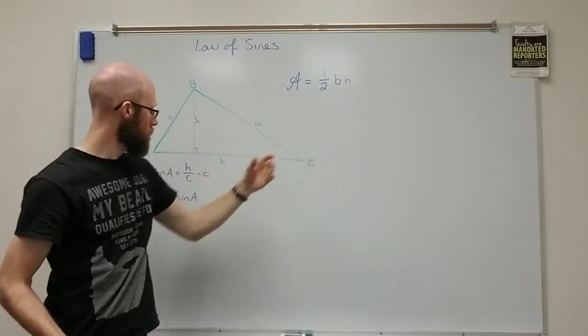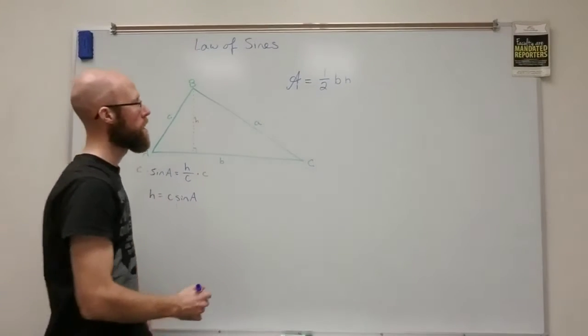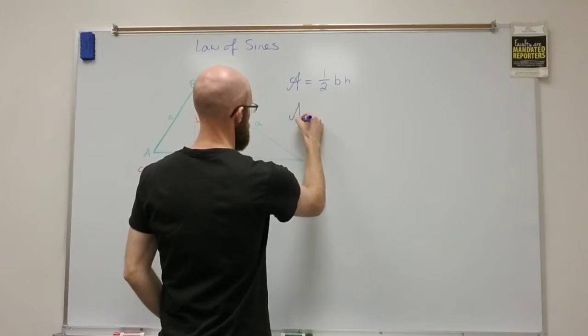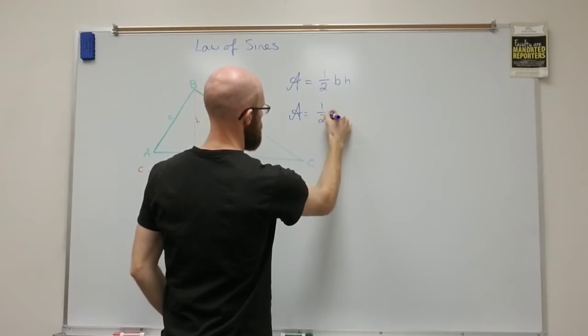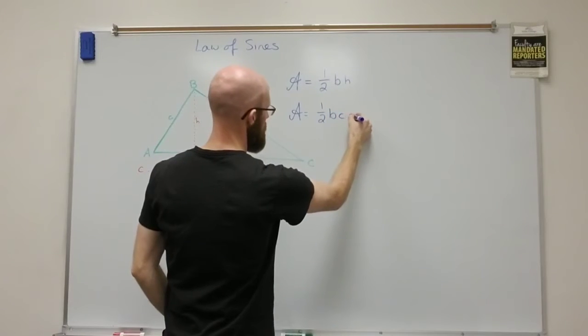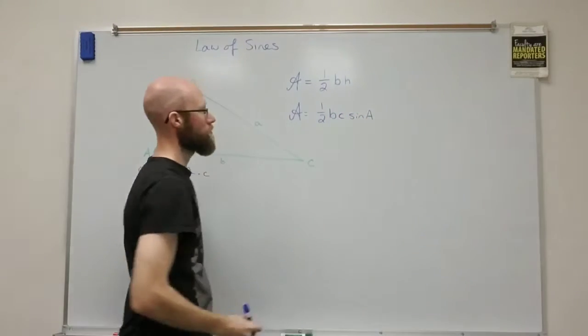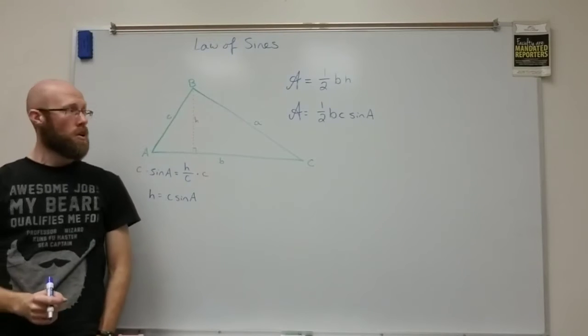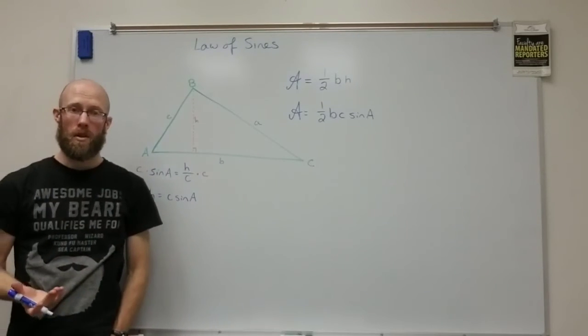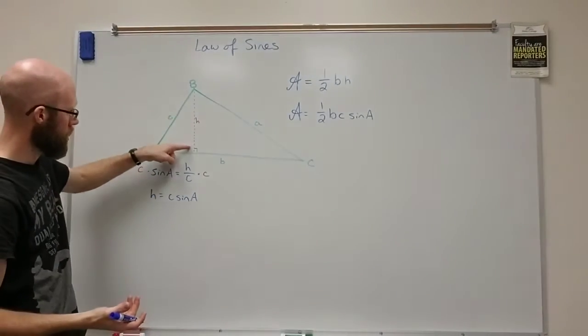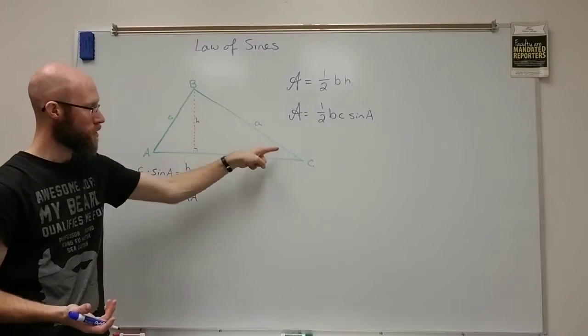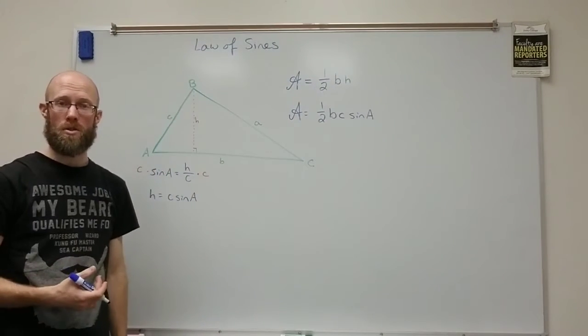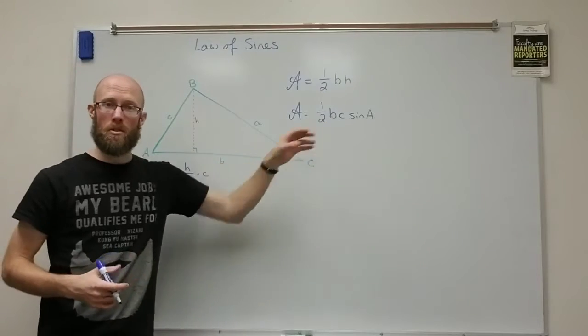This h will become c sine A, and so the area is equal to 1/2 b times c times the sine of A. We could, in theory, have run this perpendicular line from any of the vertices, any of the corners, and gotten a similar formula.